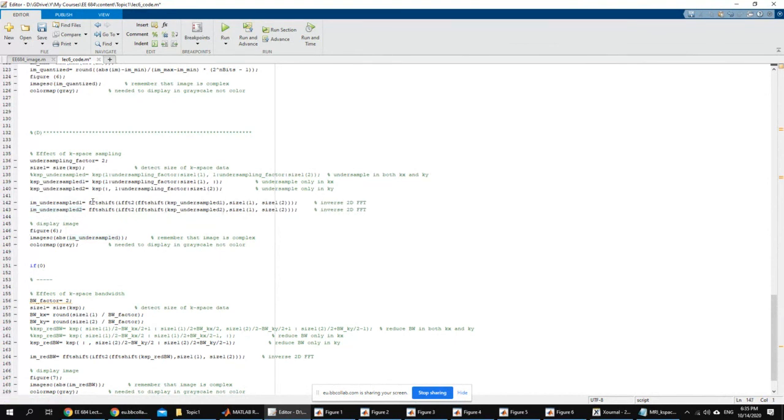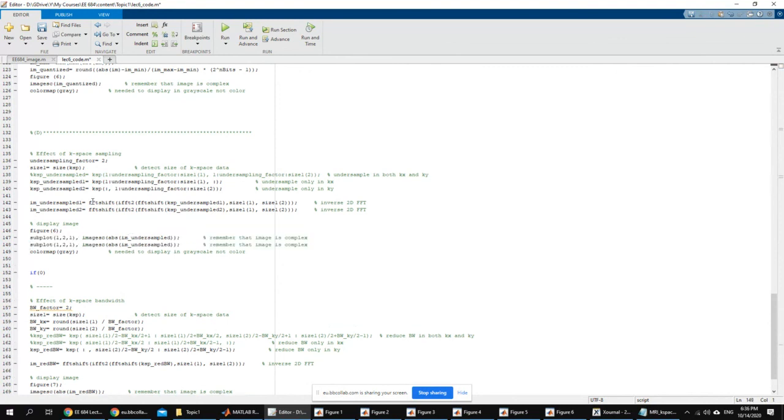Okay, now I'm going to have subplots here. Undersampled 1 is undersampled in the first dimension. This is undersampled in the second dimension.